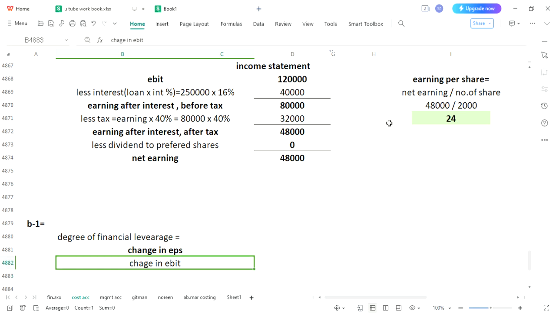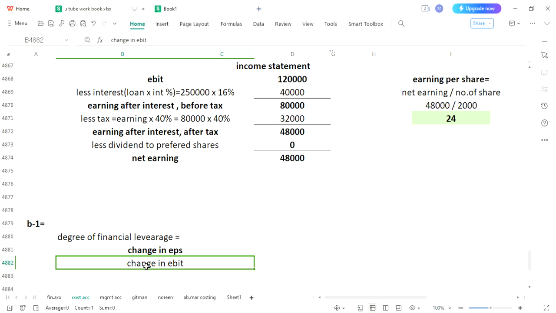At this stage, kindly understand that you need to calculate change in EPS, or earning per share, and you need to divide it by change in EBIT. A better way for understanding is you will calculate the percentage.